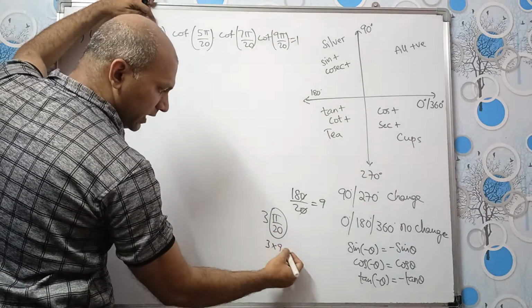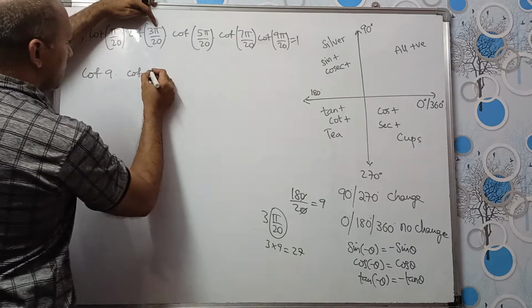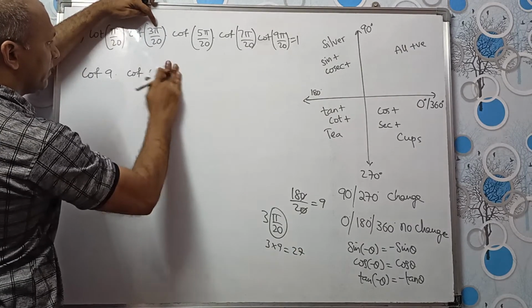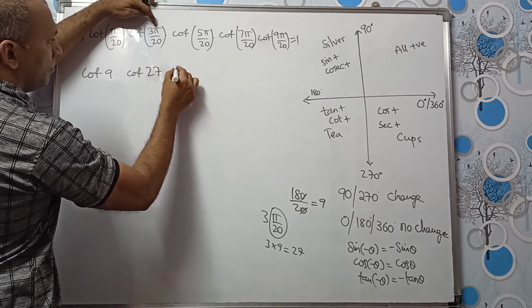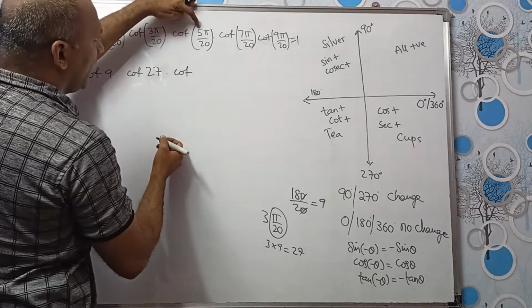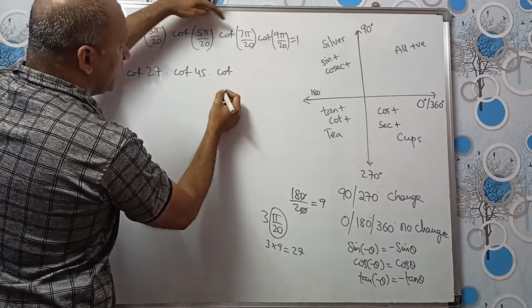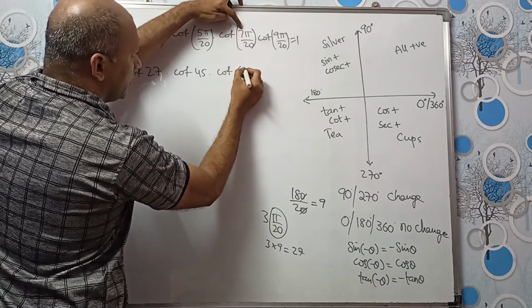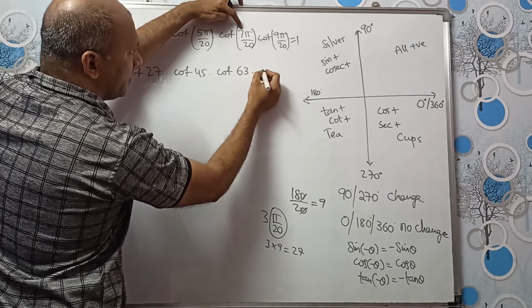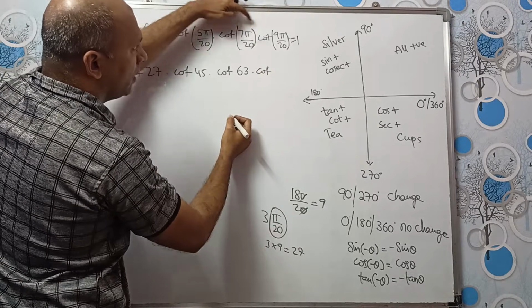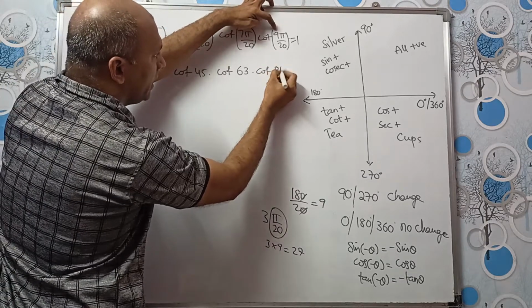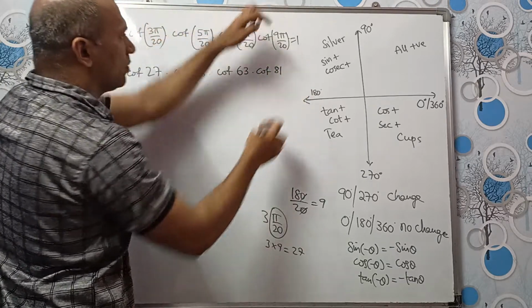So 3 into 9 will be 27. So this is cot 27 multiplied by cot 5 into 9, 45. Cot 7 into 9, 63, right? 7 nines are 63. Finally we have cot 9 into 9, 81. We should prove that this is equal to 1.